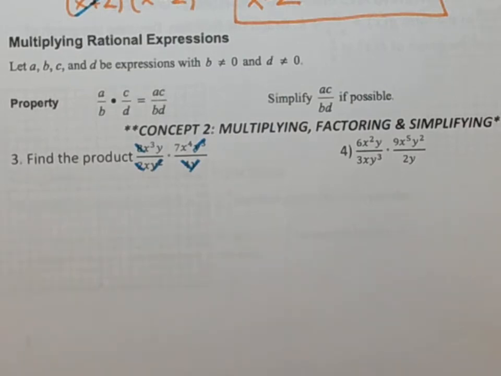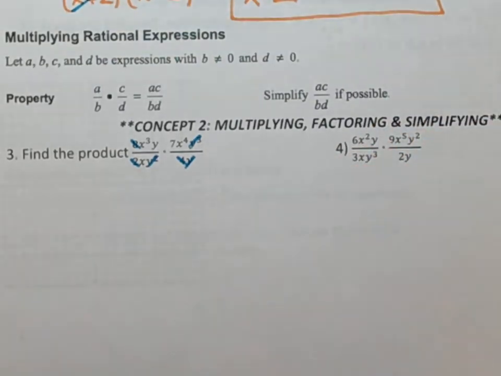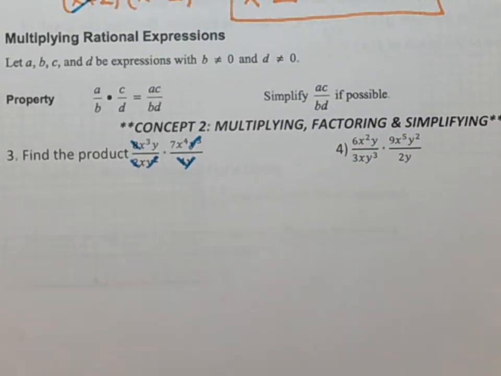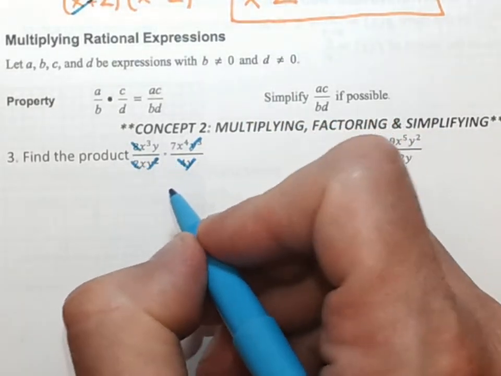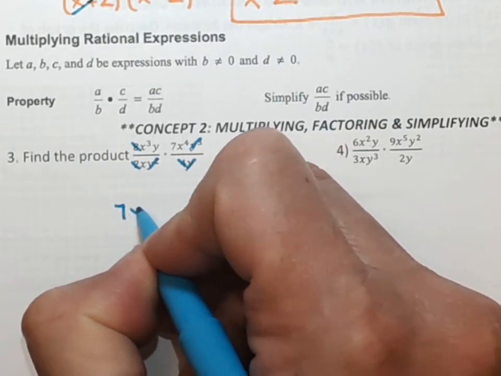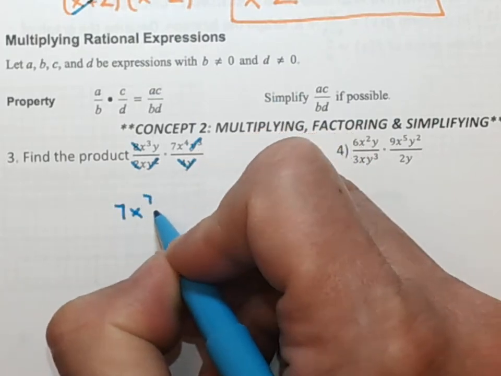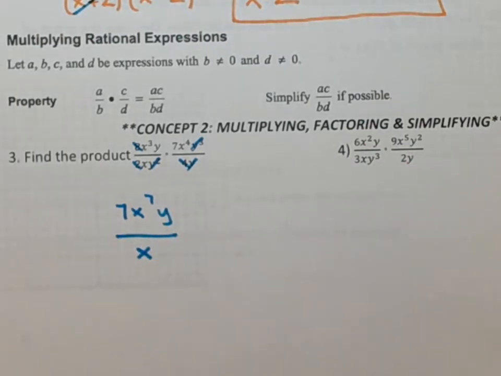Perfect. Now, I can't completely cancel out all this here. So maybe I multiply across there and then look to cancel. But I can cross out or cancel out that x right there. So I'll start on the top. Multiply across. And I get the 7x to the 7th power y over x right there.